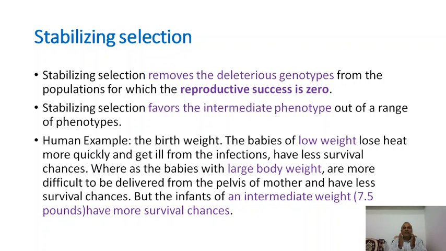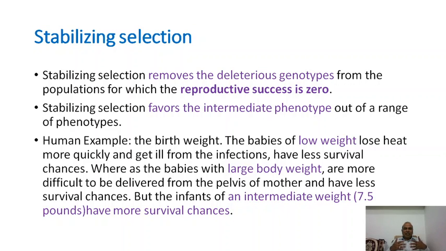Those having the average value, here 7.5 pounds. 7.5 is an intermediate between very low and very high, so intermediate weight individuals are selected. This is a kind of selection that occurs scientifically.